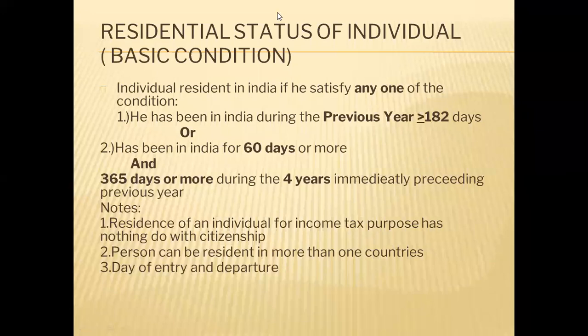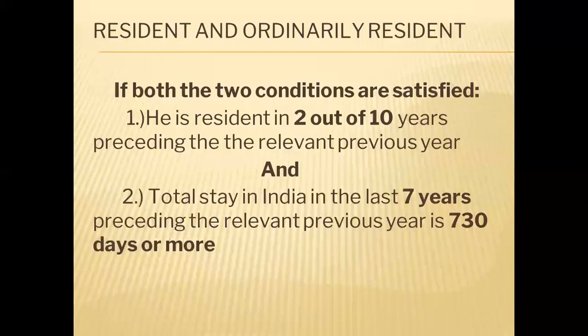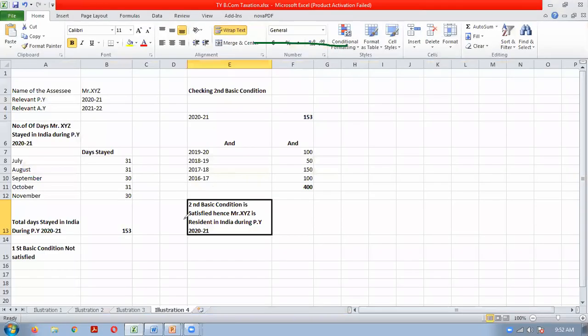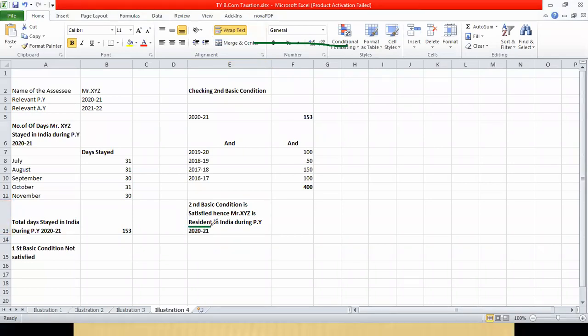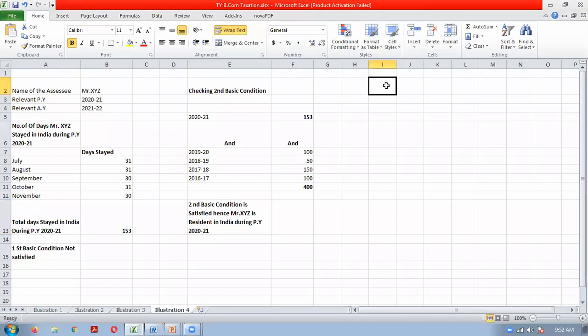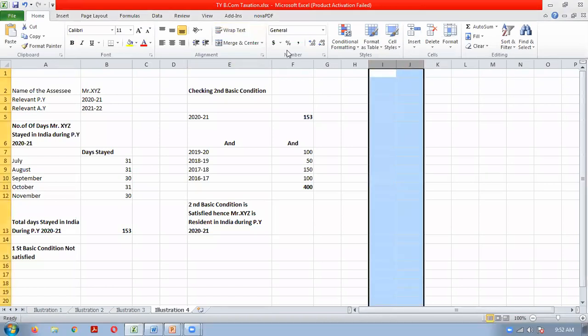Both the additional conditions should be satisfied together to check whether the resident is ordinarily resident or not. Now we know that XYZ is a resident. Now we have to check whether he is an ordinary resident or not ordinary resident. For that, we will have to go for the additional condition. So now we will understand the additional conditions.